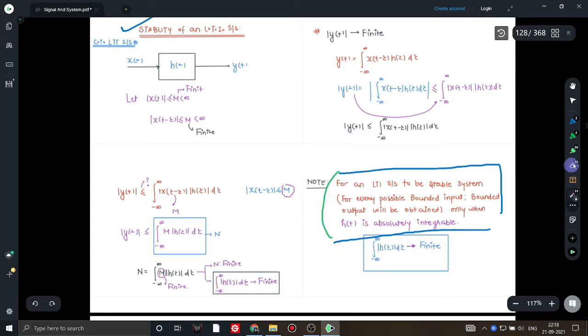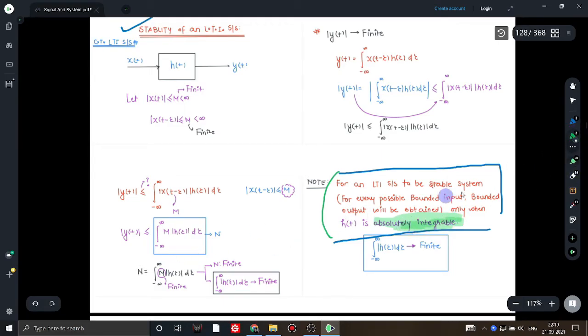If you remember, absolutely integrable is the condition where, if you take the integration of the modulus of the function and it comes out to be finite, then the function is absolutely integrable.